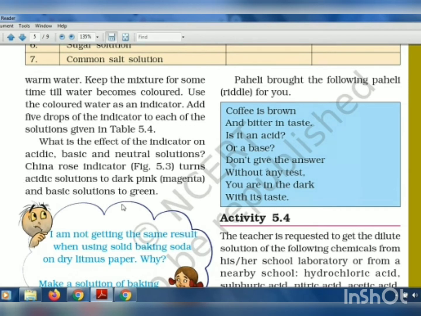So the China rose solution looks light pinkish in color, and when you add it to an acidic solution, it turns dark pink, and when you add it to a basic solution, it turns green. Hope you are all clear with the 3 different types of natural indicators that we studied up till now in this chapter.